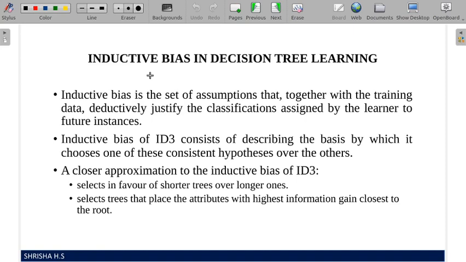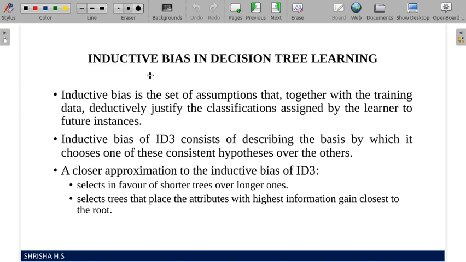Our ID3 algorithm favors or selects shorter trees over longer ones. There are many kinds of trees possible, we have a tree space, a hypothesis space. Our ID3 algorithm tends to construct shorter trees instead of longer ones.